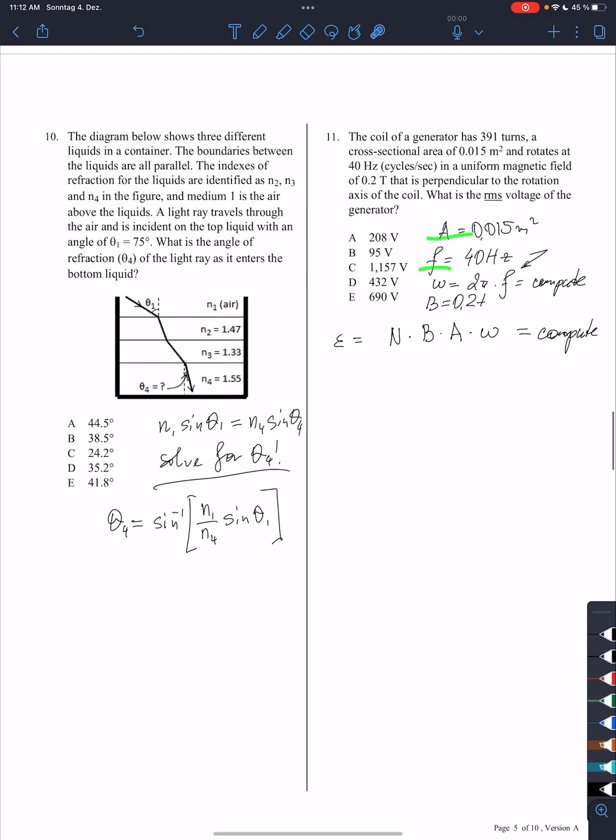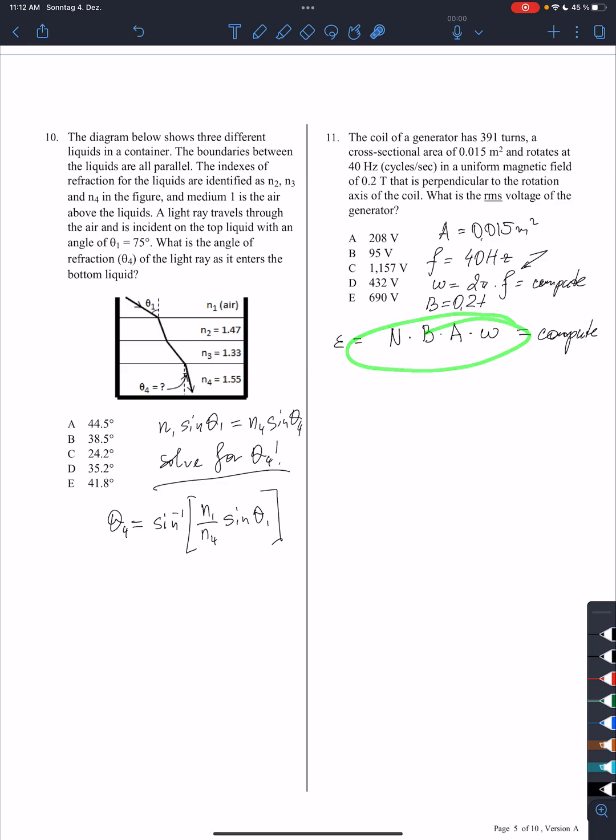What we know is A, F. Actually, for the equation we're going to use, we don't need the frequency, we need the angular frequency, which is 2 pi times F. You can compute the number already. We are given the magnetic field. We know that N here is 391. Next, we'll just use this equation for the RMS EMF and compute the answer.